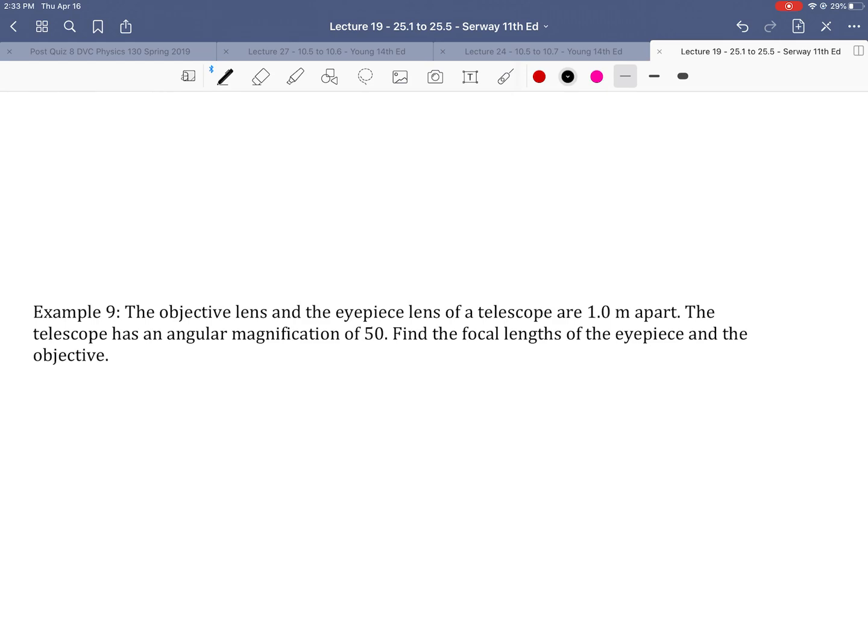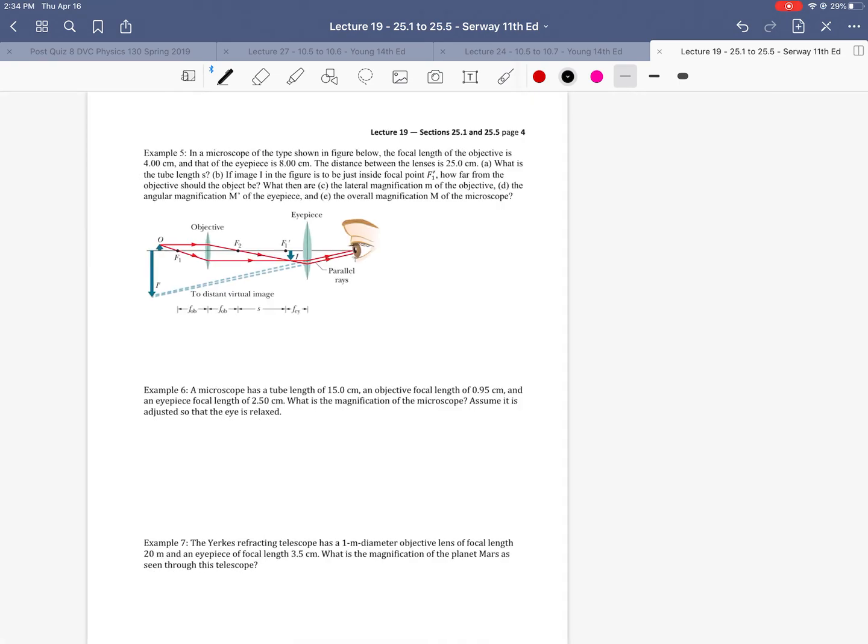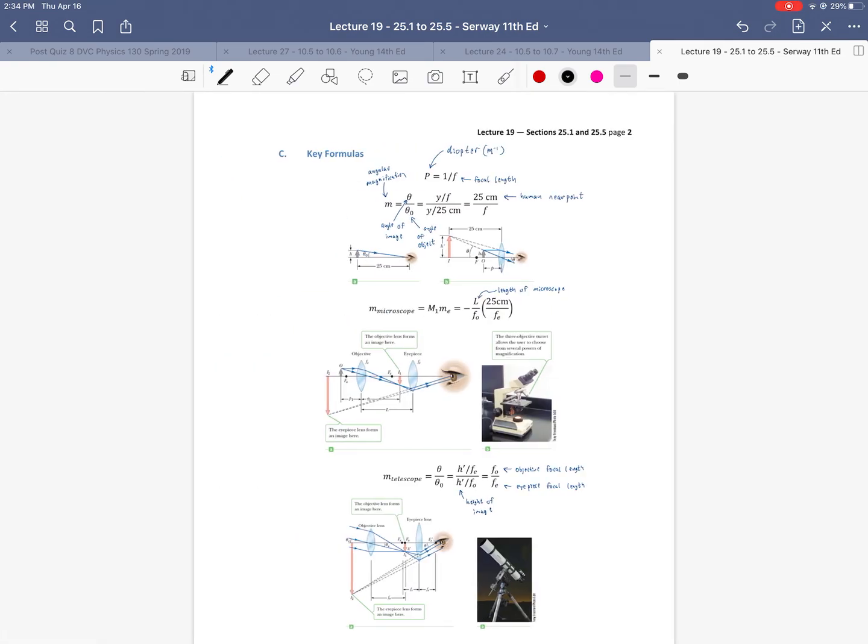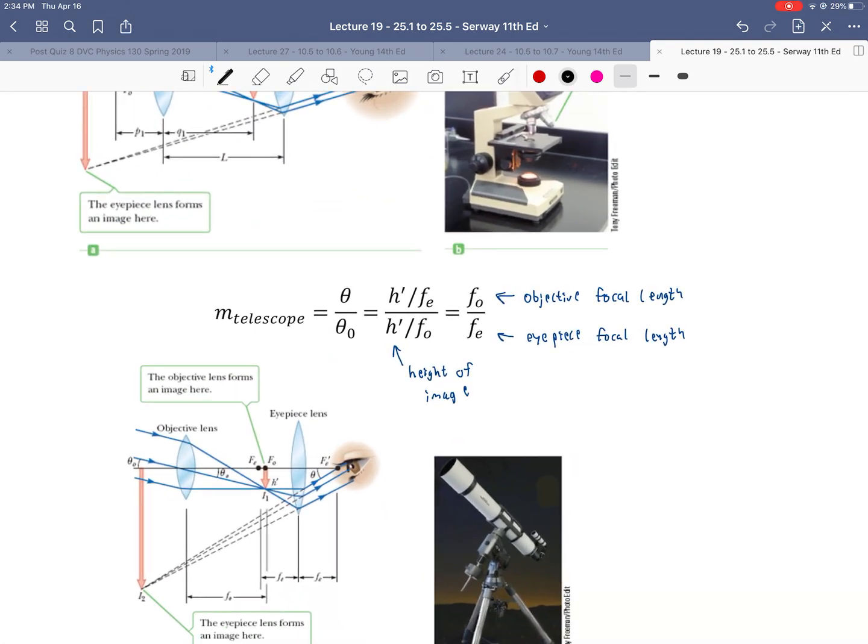So the objective lens and eyepiece lens of a telescope are 1 meter apart, and the telescope has an angular magnification of 50. Find the focal length of the eyepiece and of the objective. So what we use for this is one of our telescope equations. We really just have the one. All right, so I'll take a screenshot of this.